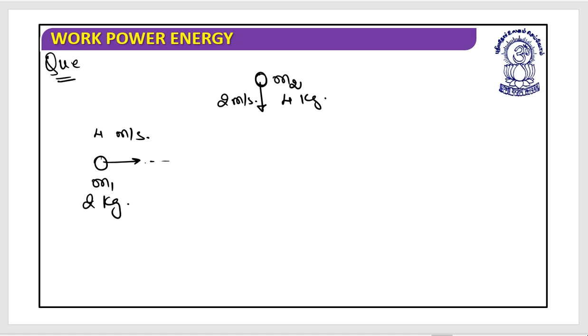Let's suppose they are going in this direction, and at this point they are going to combine. After collision they behave as a combined system and move with the same velocity. I am interested in that velocity only. It's v dash.